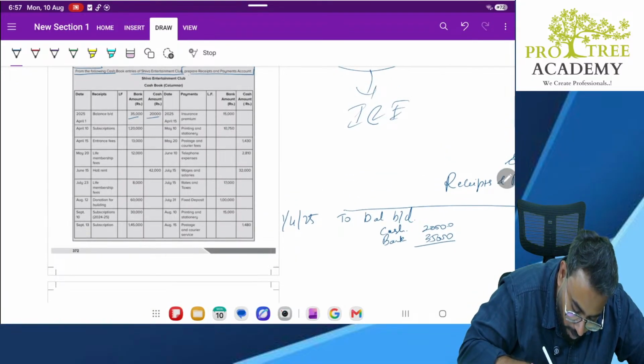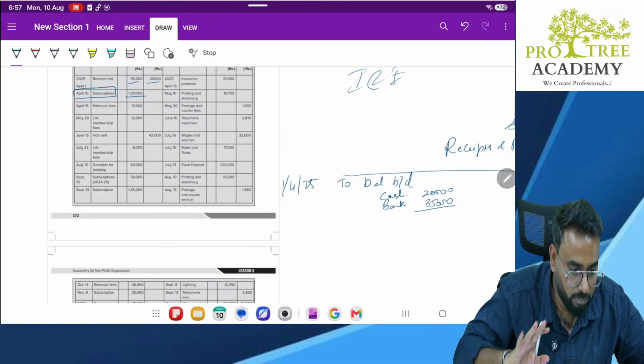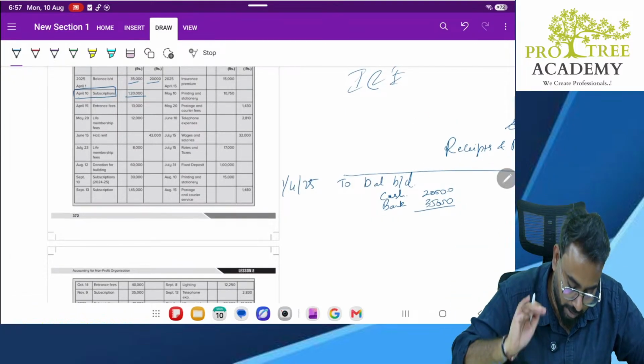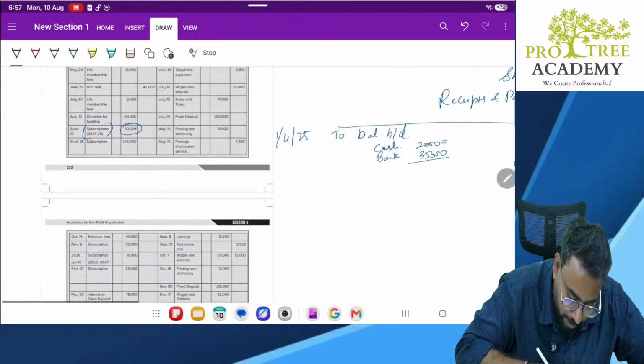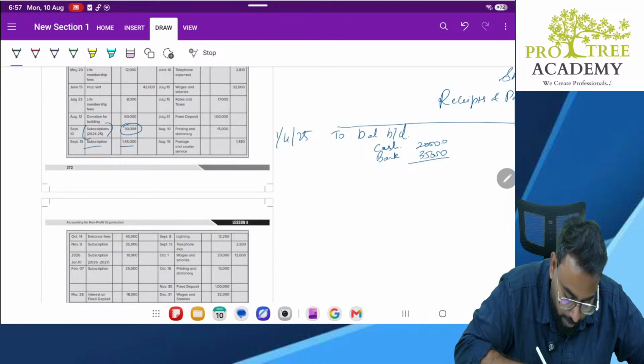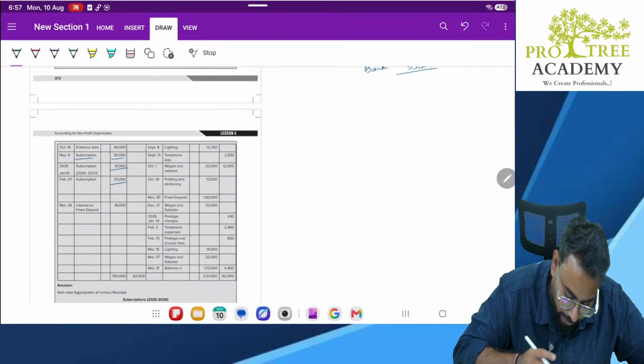Subscription. On April 10th, we received subscription of 1,20,000. Just don't directly go there. Hold on, I'm still telling. Then we received subscription for 24-25, that is 30,000. Then 1,45,000, then 35,000, again 10,000, again 25,000.